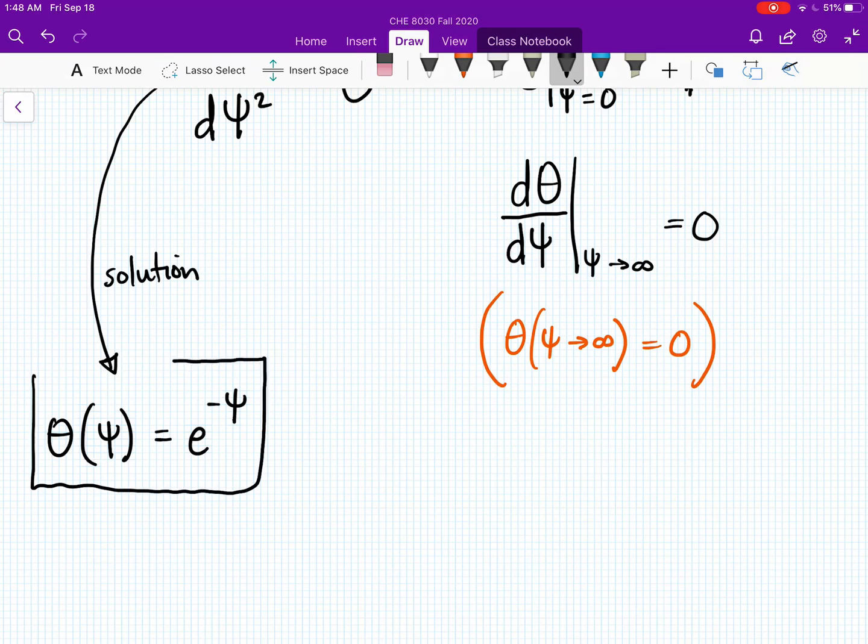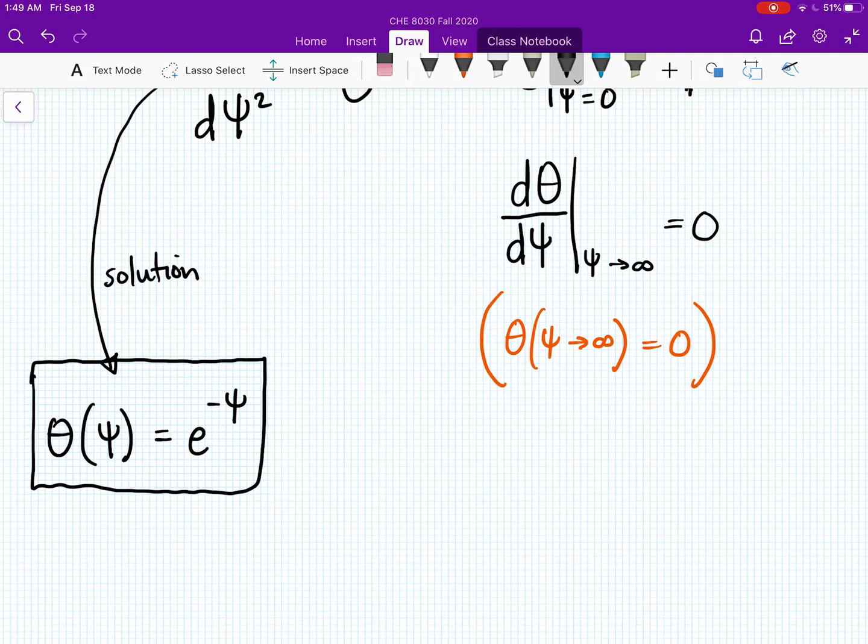Okay, so that is the new solution for our newly scaled problem when we have the scenario of fast reaction kinetics, i.e. the Damköhler number is much, much greater than 1.